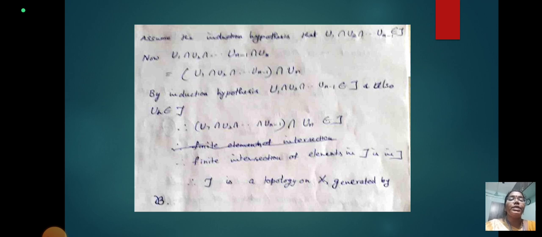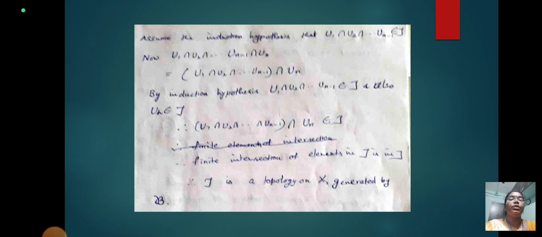We can write U1 intersection U2 intersection U(n minus 1) intersection Un as the intersection of U1 intersection U2 intersection U(n minus 1) and Un. By induction hypothesis for n minus 1, U1 intersection U2 etc. U(n minus 1) belongs to tau.